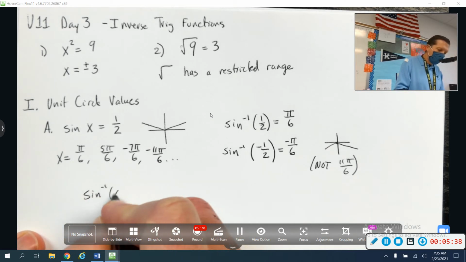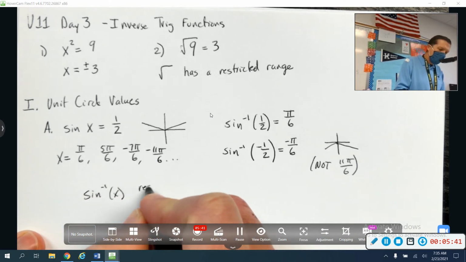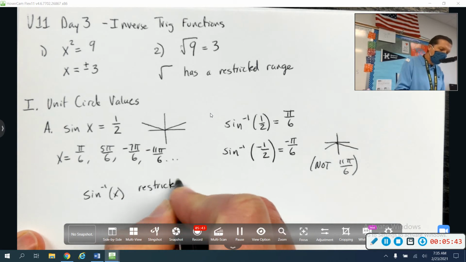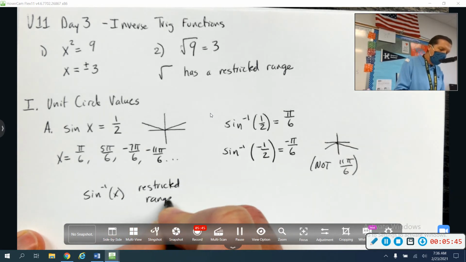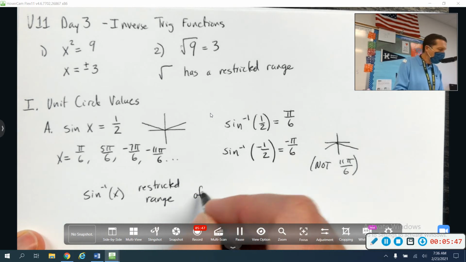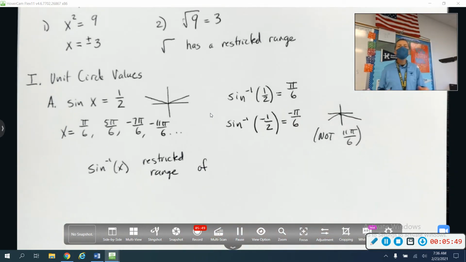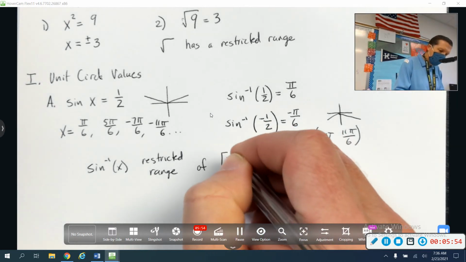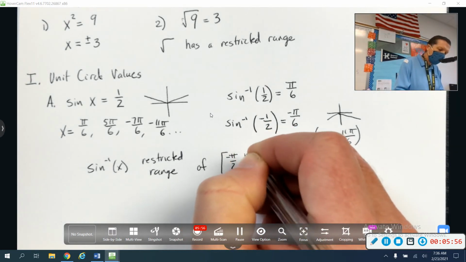So inverse sine has a restricted range of, so here's the only place we can get our answers from, negative pi over 2 to pi over 2.